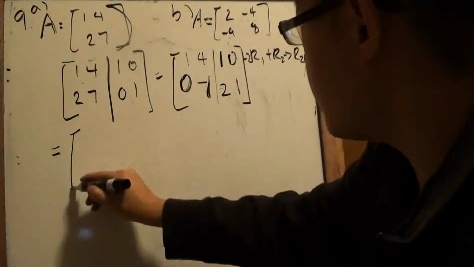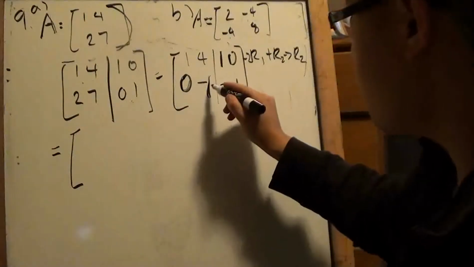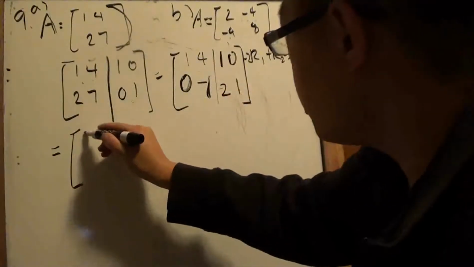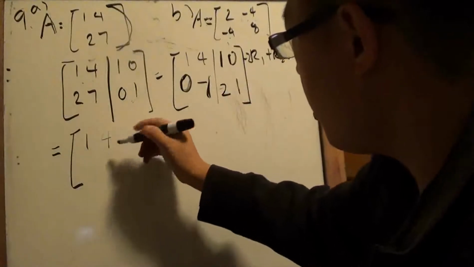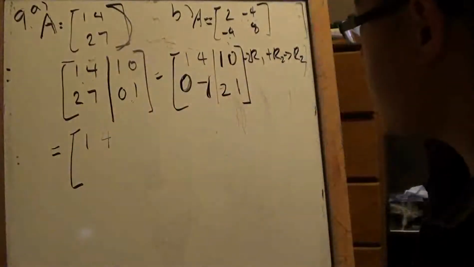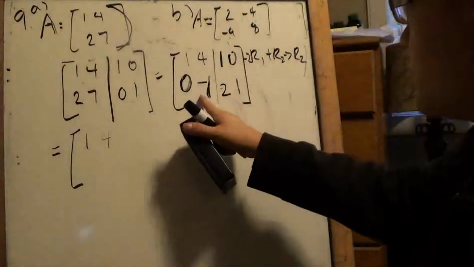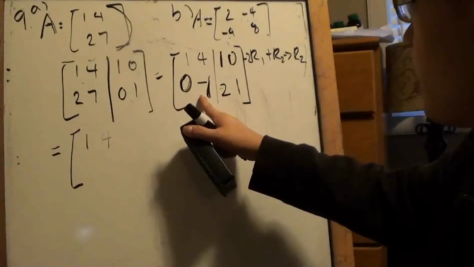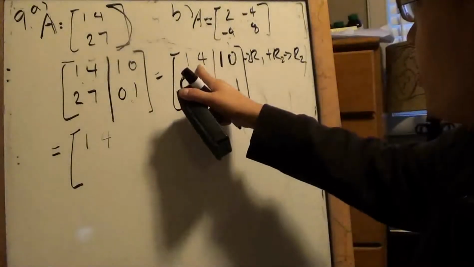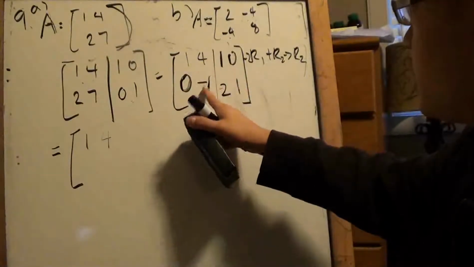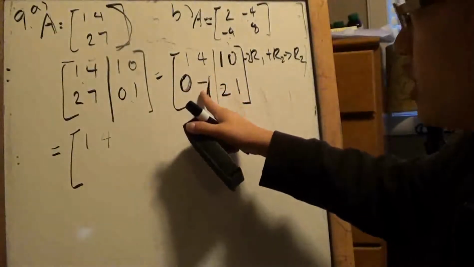Now you have an option. You can switch this into a positive 1 and then use that to get rid of the 4, or you could use this to get rid of the 4 now and then change this back.